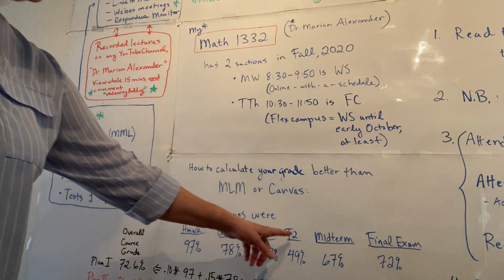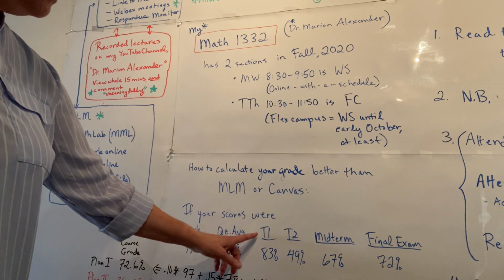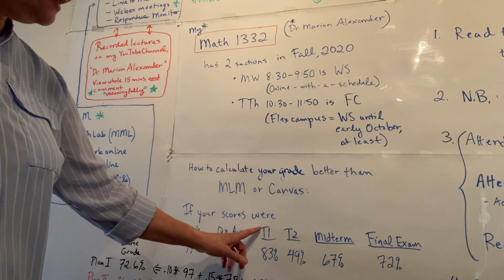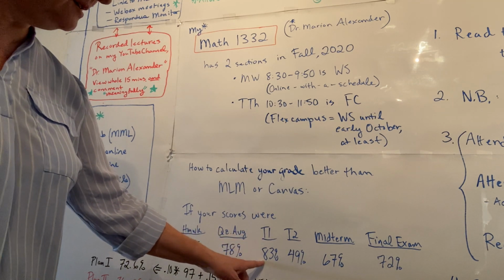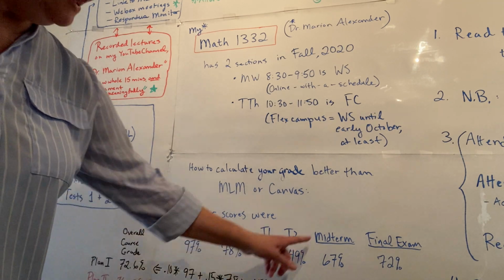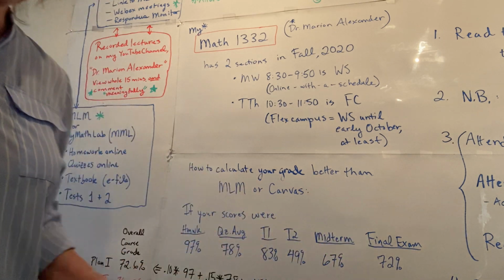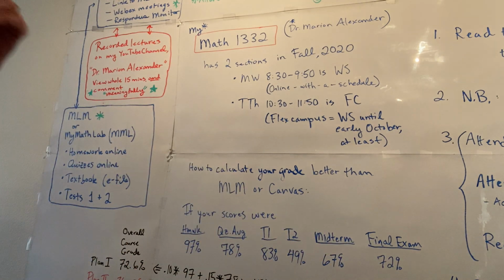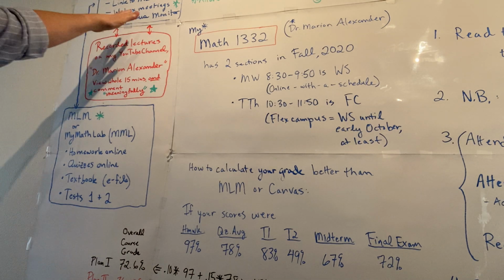Test 1 and Test 2 are on MyLab Math. They're worth 15% each. Let's say that you got an 83 on the first one, but on the second one you got a 49. The midterm and the final are administered on Canvas using Respondus Monitor.